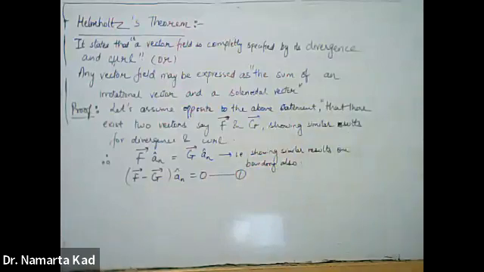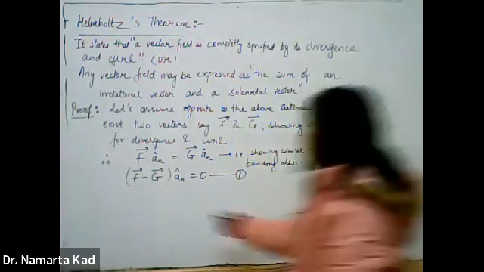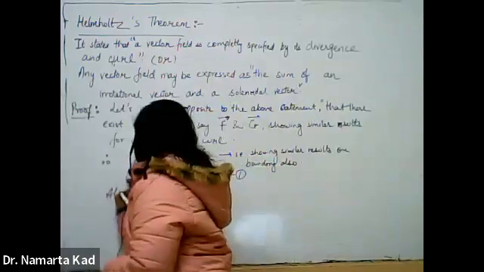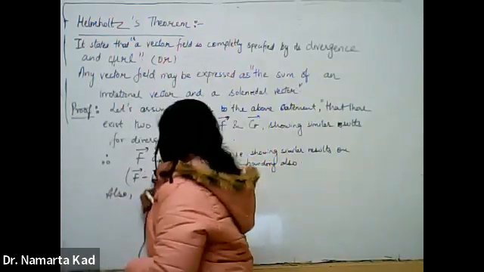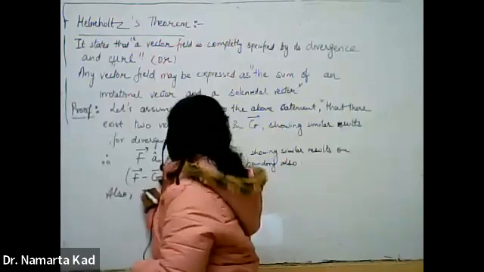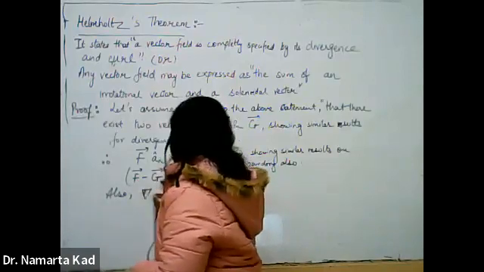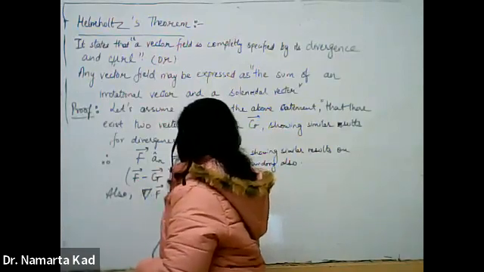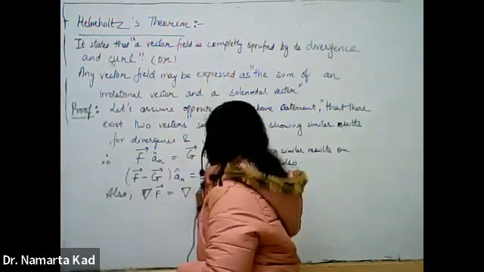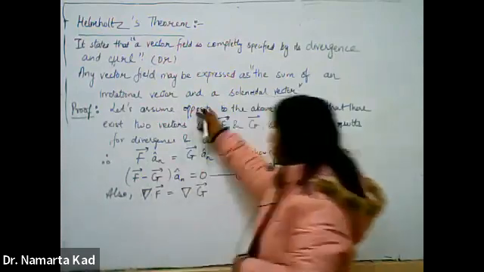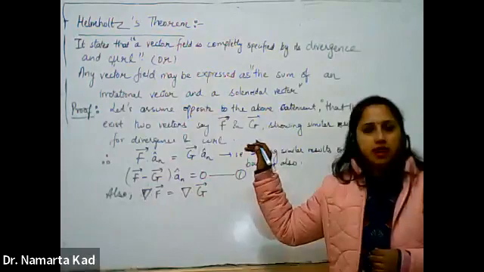And we have also said that both show the same divergence and the same curl. So it can be written like this also: del dot F is equal to del dot G, as we assumed here.